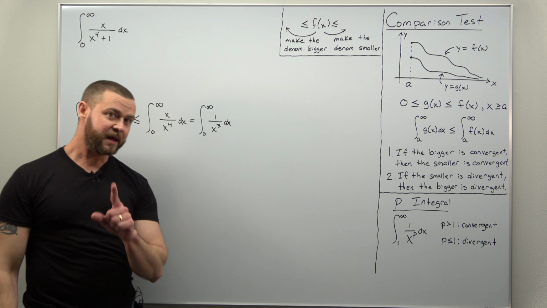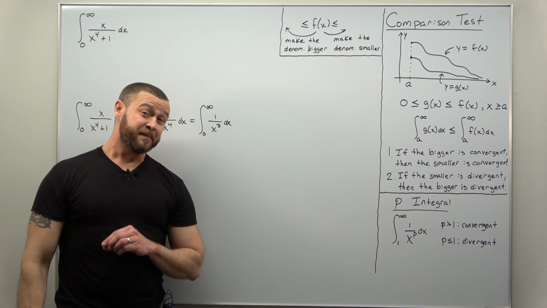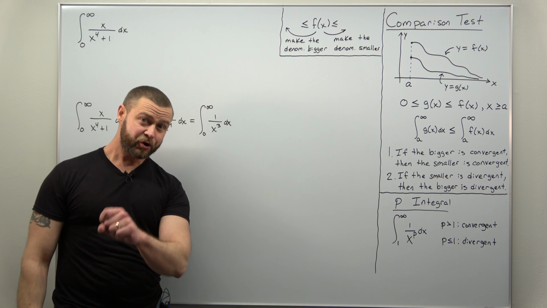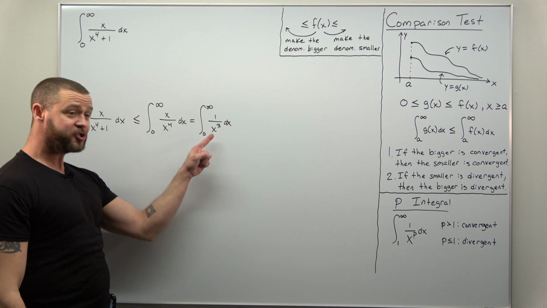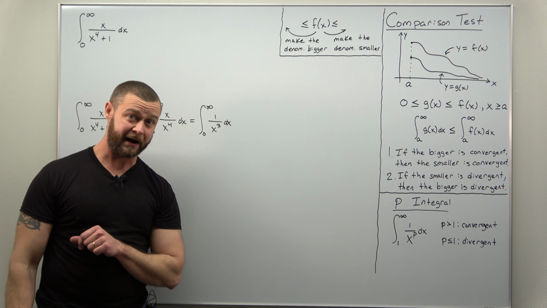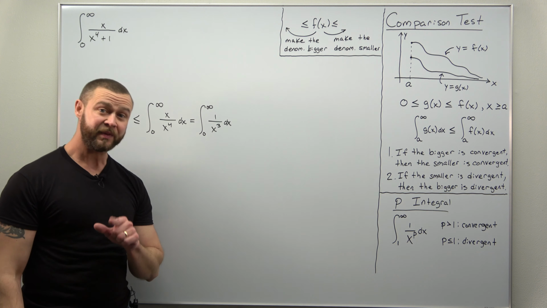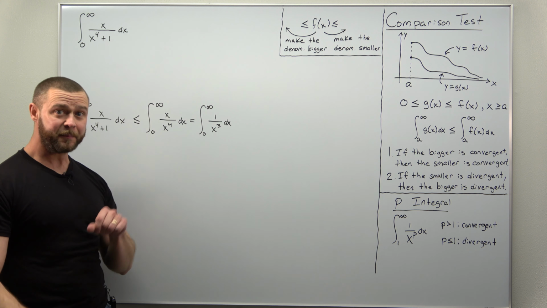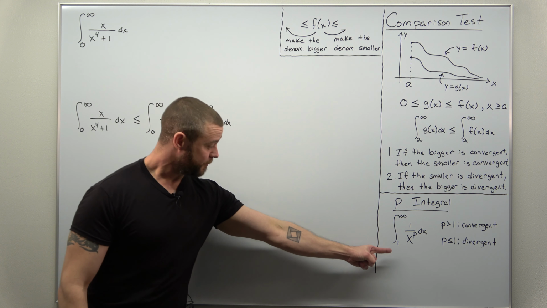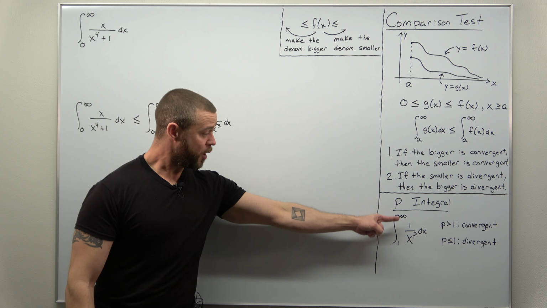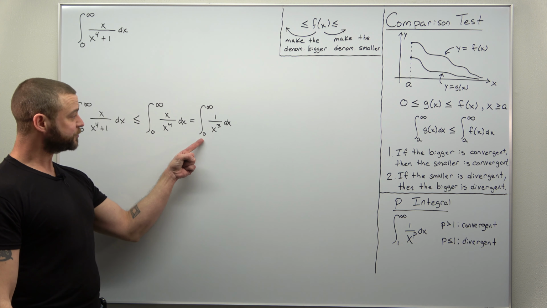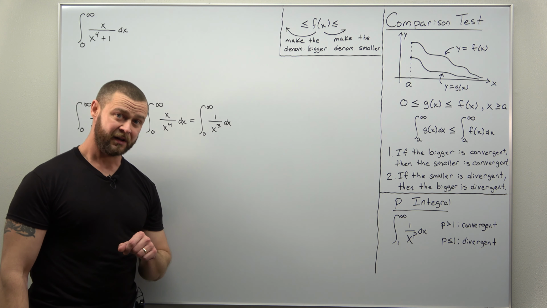And this is where many students make some errors. Make sure you realize, even though the function is 1 over x to a power, 1 over x cubed, this is not the p integral. The p integral is an improper integral from 1 to infinity. This goes from 0 to infinity.